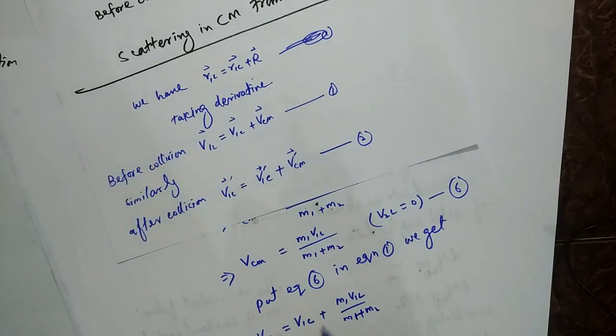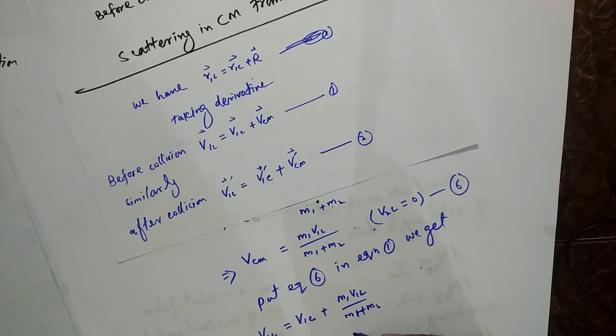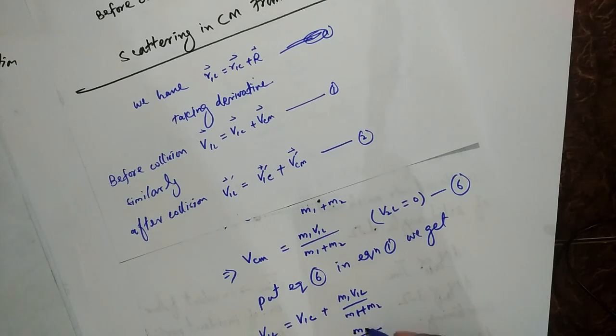After simplifying for v1c, we will get v1c is equal to 1 minus m1 upon m1 plus m2.